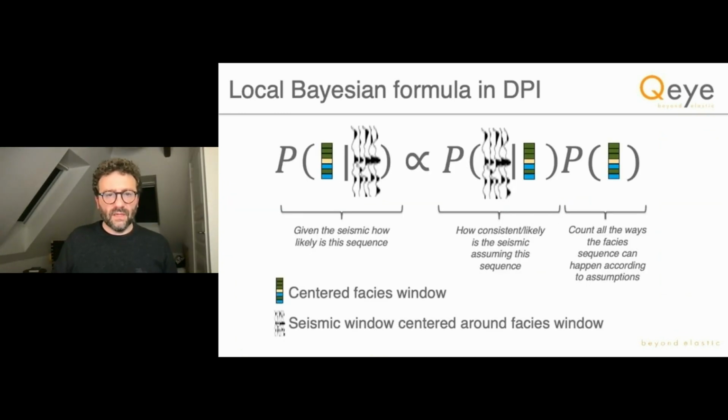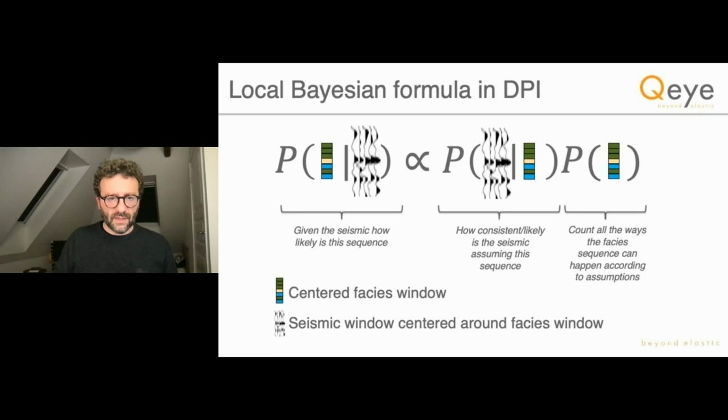So if we zoom in on the core equation, by a window, we mean something that has an extent in the seismic grid, and its center is relative to a specific seismic grid point.